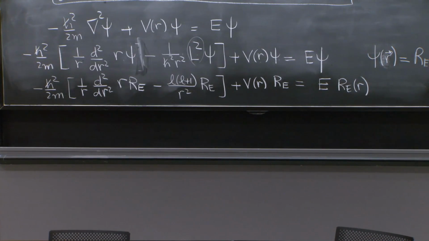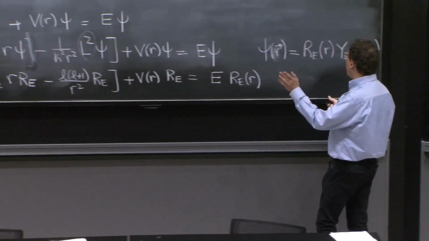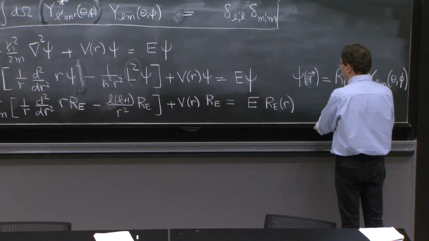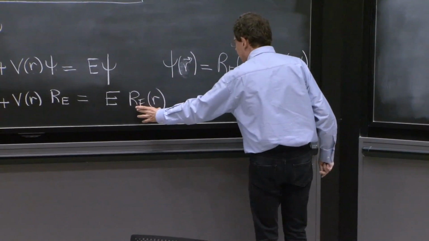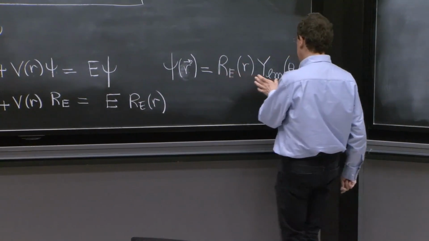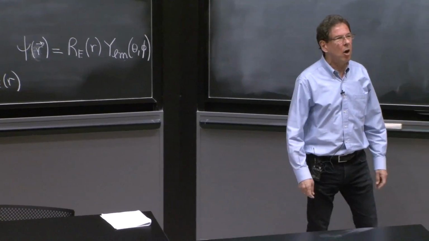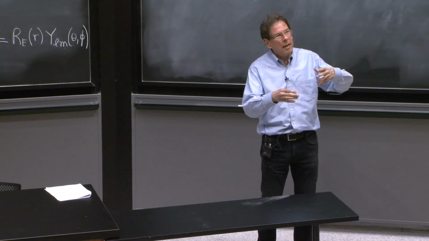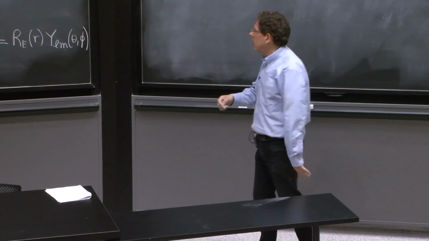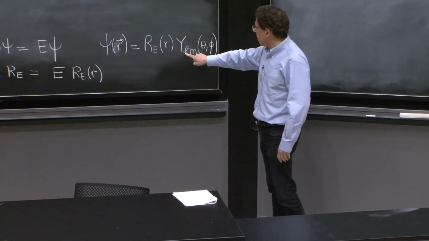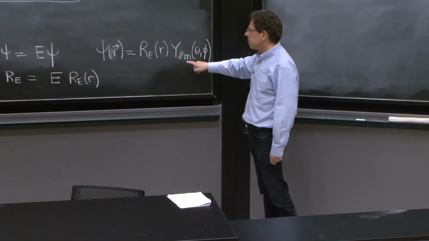So this is great. We have simplified the equation. All the angular dependence is gone. I now have to solve this equation for the radial wave function, and then multiply it by a spherical harmonic, and I get a solution that represents a state of the system with angular momentum l and with z component of angular momentum m.